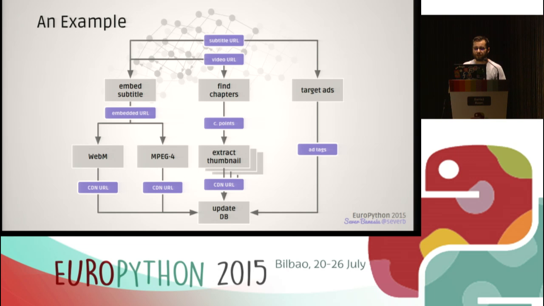It will try to overlay the subtitle on the video and encode the video in some target formats. It will also try to find some chapters, some cut points in the videos, and extract thumbnails from there. And it will analyze the subtitle and target some ads for this video.